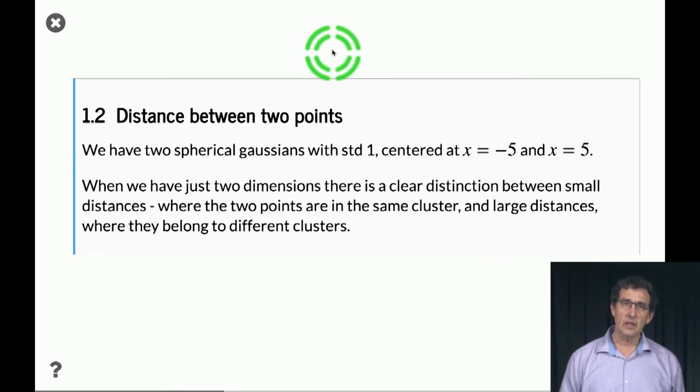So next, let's think about the distance between 2 points chosen at random. As I said before, we have these two centers, one at -5 and one at 5. And so the distance between 2 points will basically depend on whether they come from the same cluster or from the other cluster. So we expect to see distances close to 0 in one case and close to 10 in the other case.